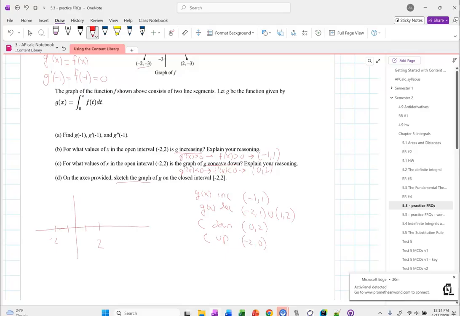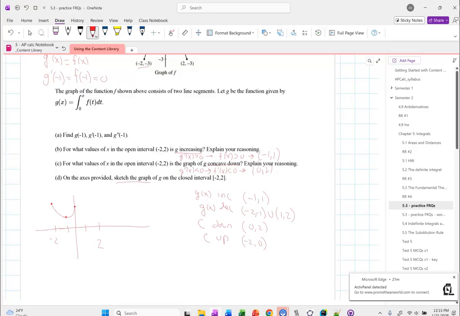So I'm going to start my graph of g, and I don't know, start it here maybe. And then I'm decreasing all the way to -1 and concave up at that time. So it's going to look like that. At -1, we switch and become increasing, but we're still concave up all the way to 0.